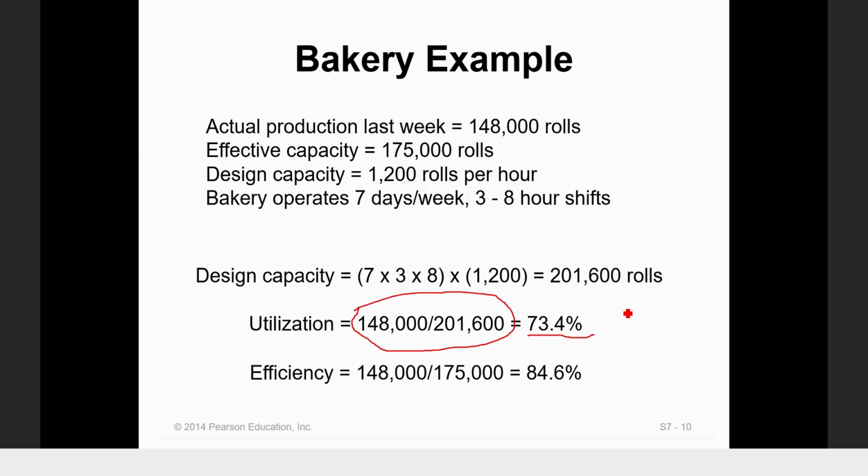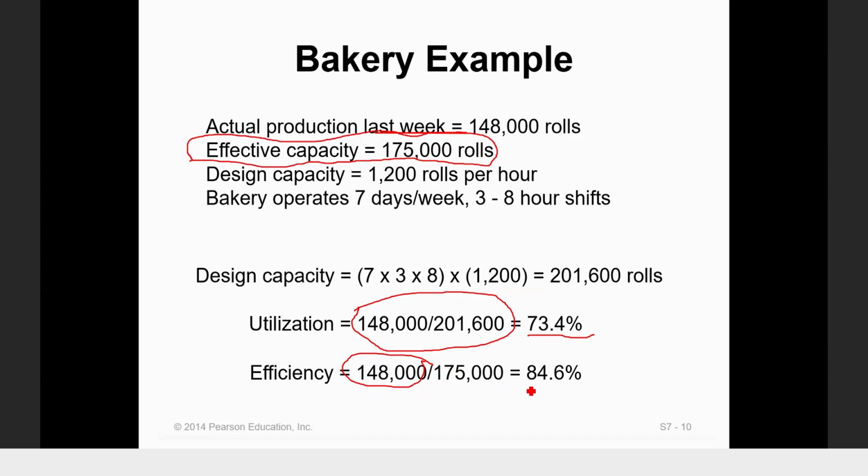If we look at efficiency, efficiency is actual divided by 175. 175 is the effective capacity, where we consider operating constraints. So the production is not as it's supposed to be, even after considering operating constraints.